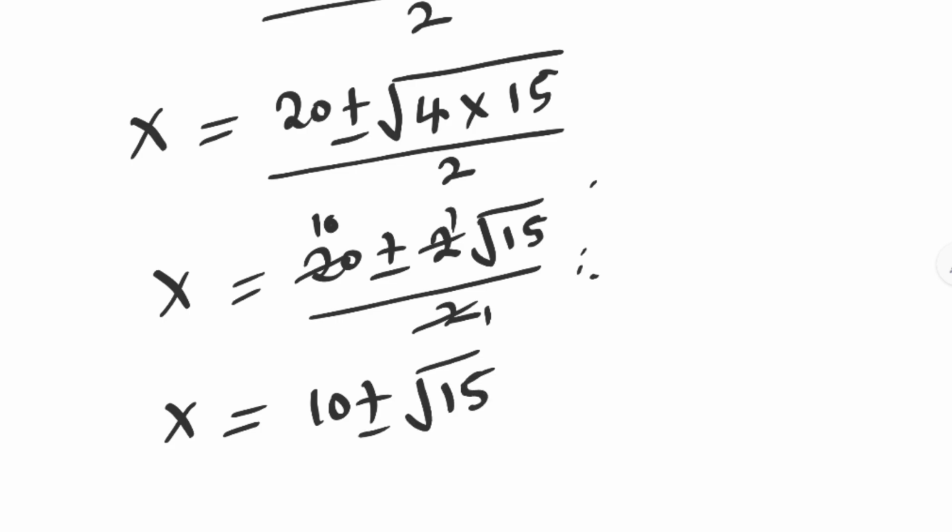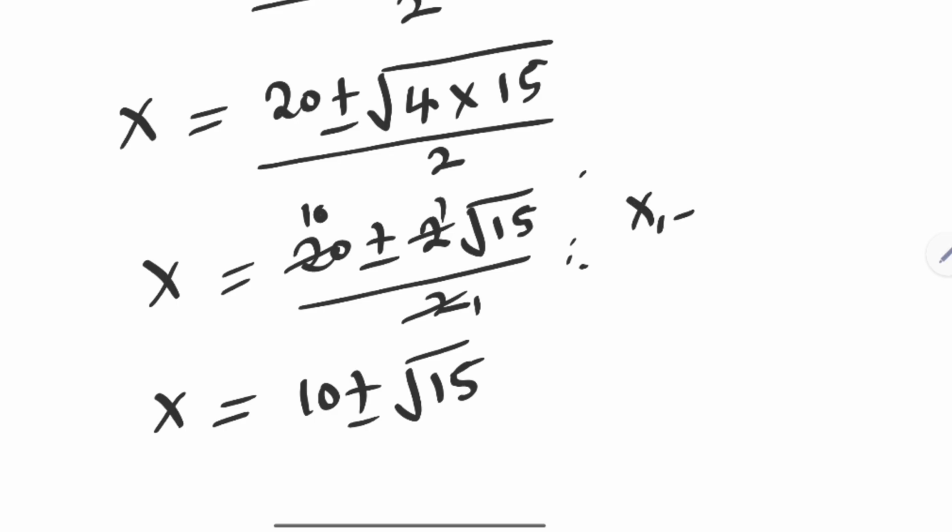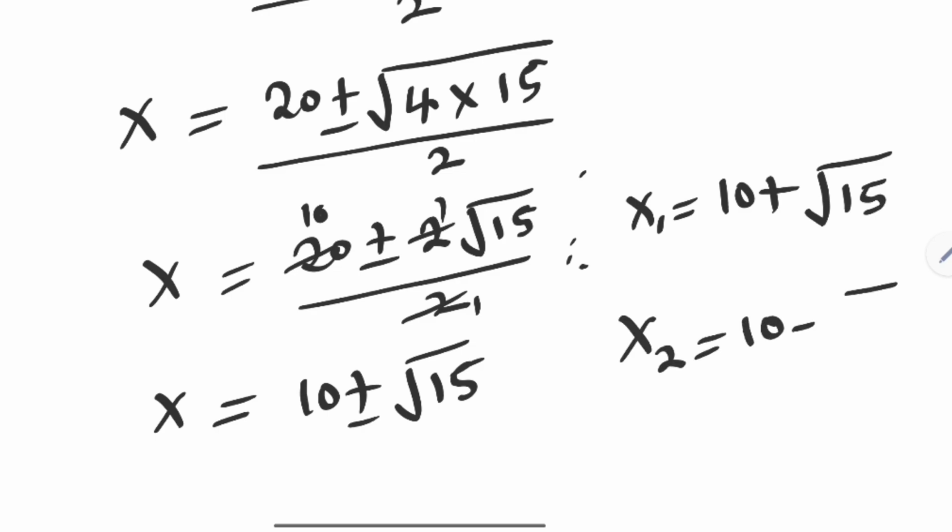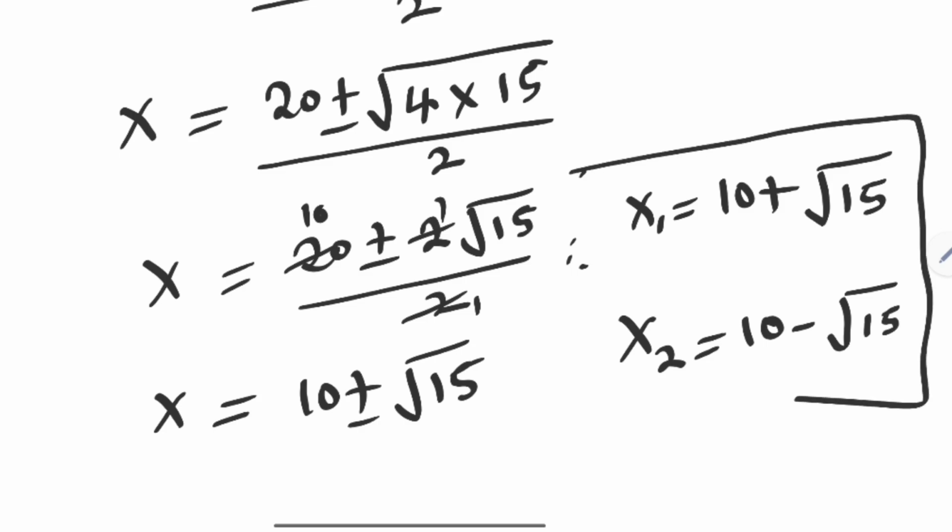Therefore, x1 is equal to 10 plus root 15 and x2 is equal to 10 minus root 15. These are the values of x.